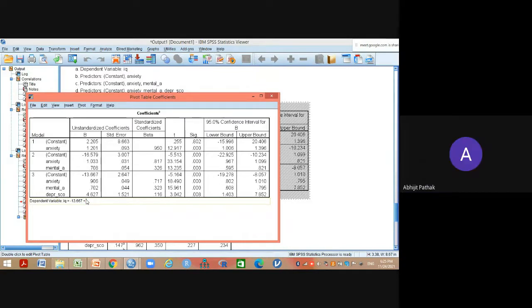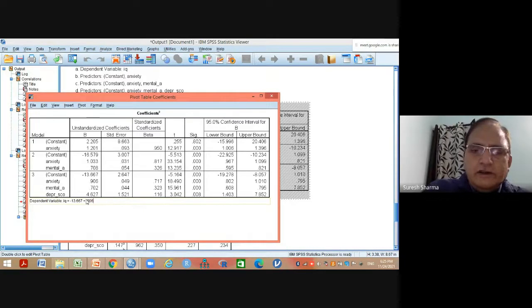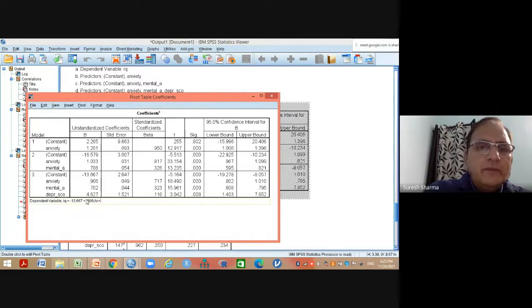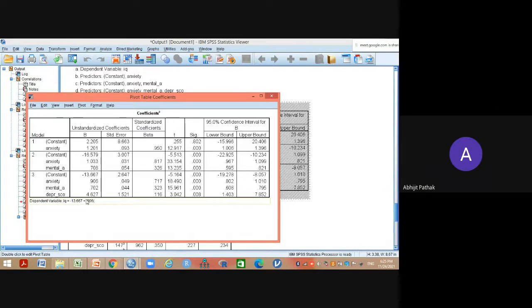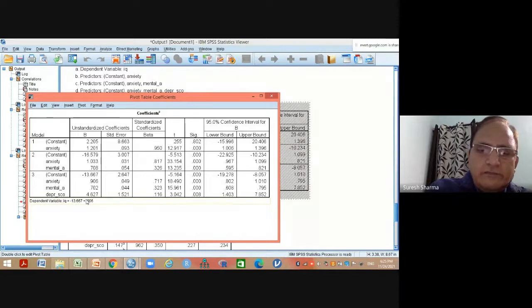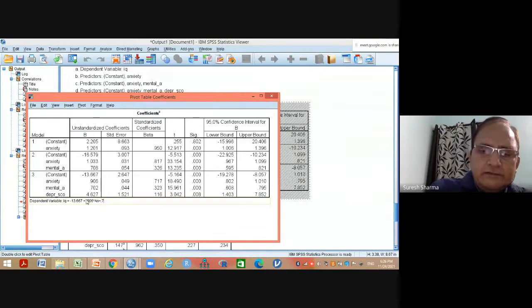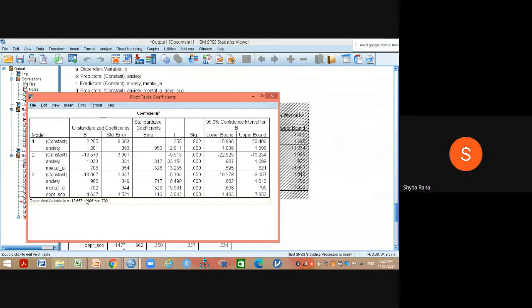Plus 0.906 multiply with anxiety, plus 0.702 multiply with mental age.